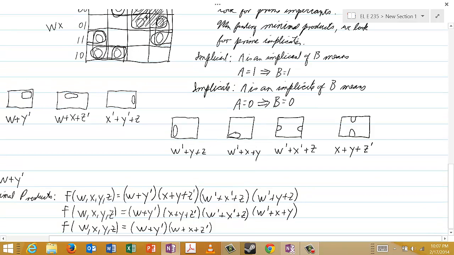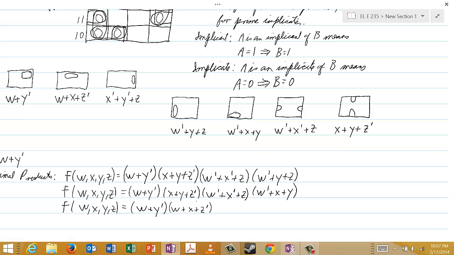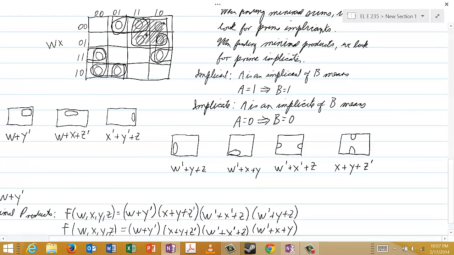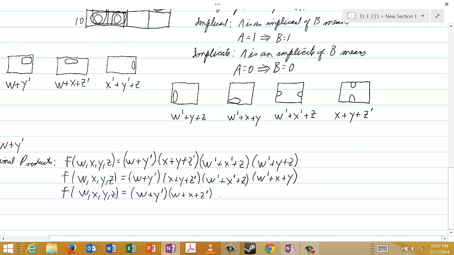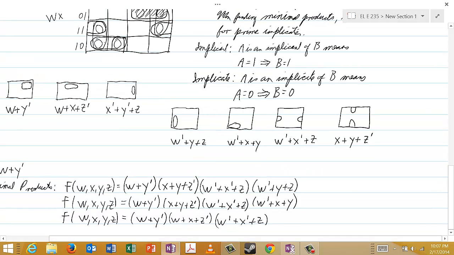Therefore, if we choose to have the w or x or z prime, which takes care of this zero, then for the remaining prime implicates we have to choose the one that takes care of these two, which is w prime or x prime or z, and the one that takes care of these two, which is w prime or x or y.